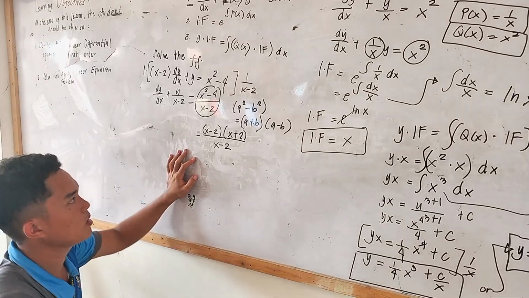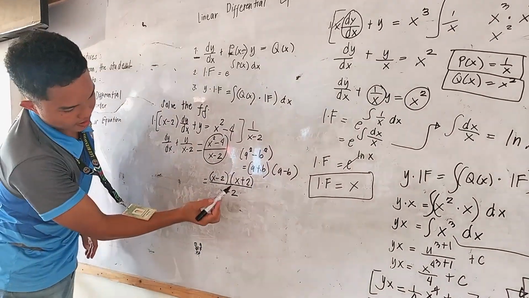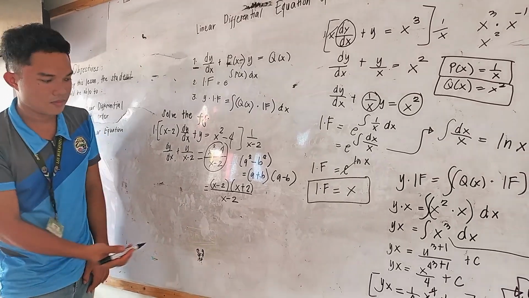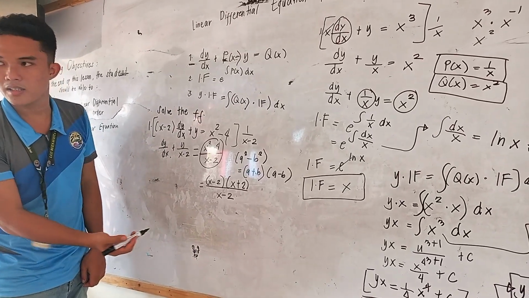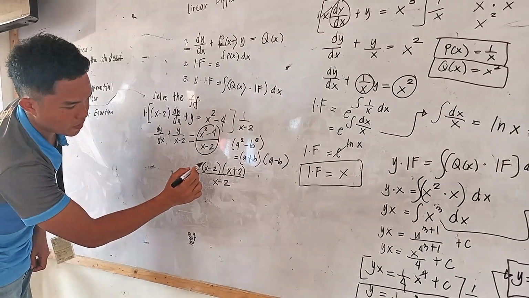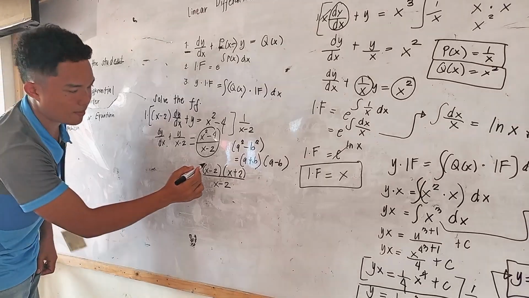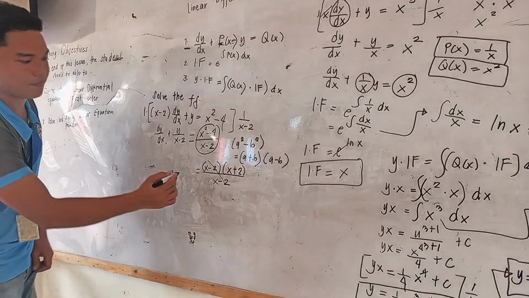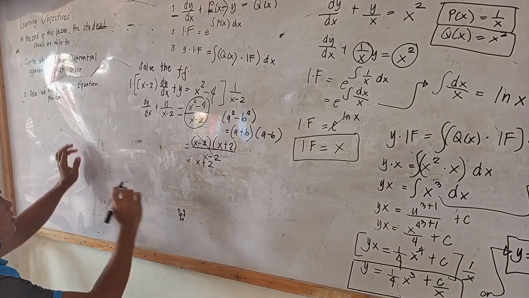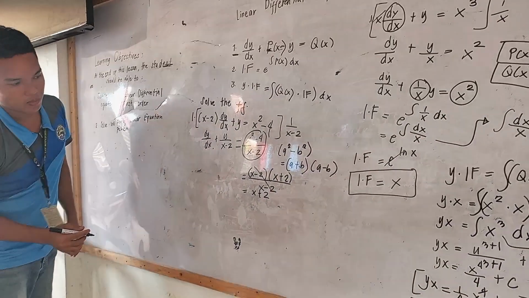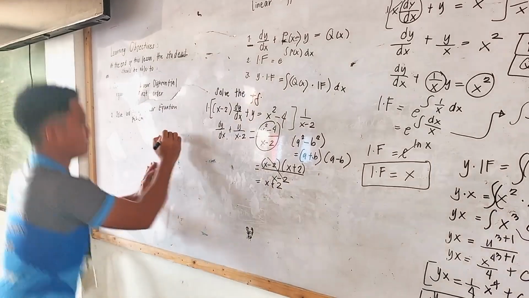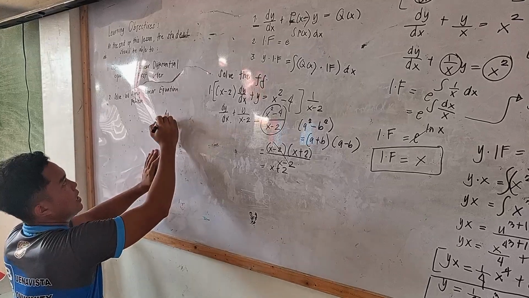So now, is there anything that you can cancel in this equation? Lopez? Yes. This x minus 2 over x minus 2, we can cancel that because it is the same. So we have x plus 2. Now we can identify the q of x and p of x.